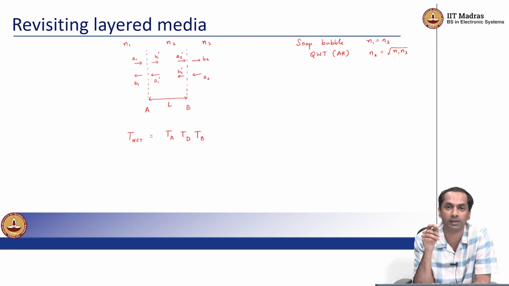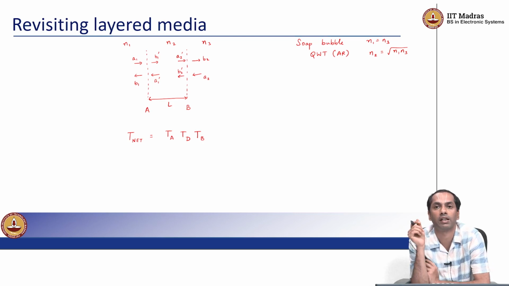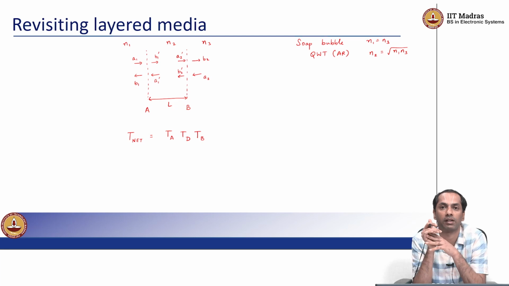So TA relates A1, B1 to A1 prime, B1 prime, and TD relates A1 prime, B1 prime to A2 prime, B2 prime, and TB relates A2 prime, B2 prime to A2 and B2. So in sequence I can relate all these unknown variables through these transmission matrices, and get one composite or net transmission matrix that relates the A1s and B1s to A2 and B2.